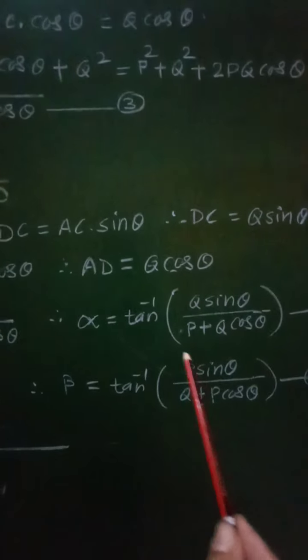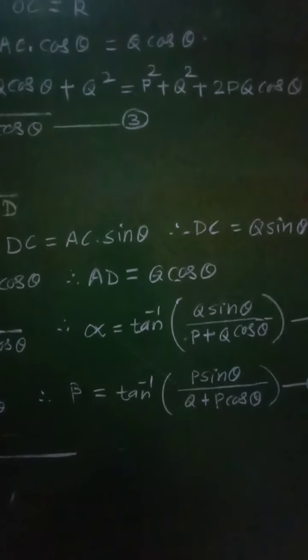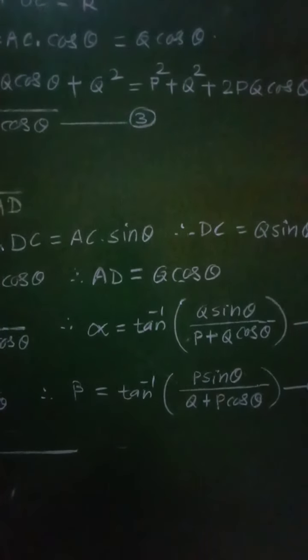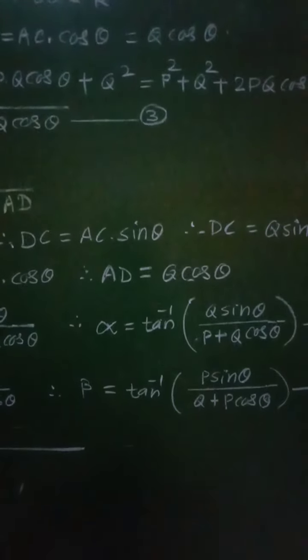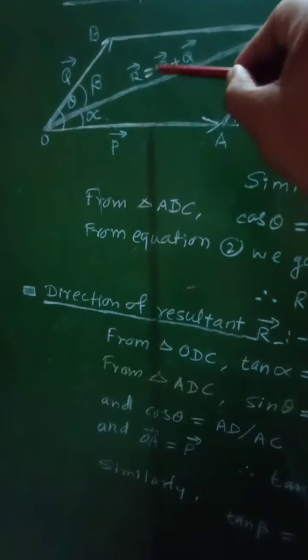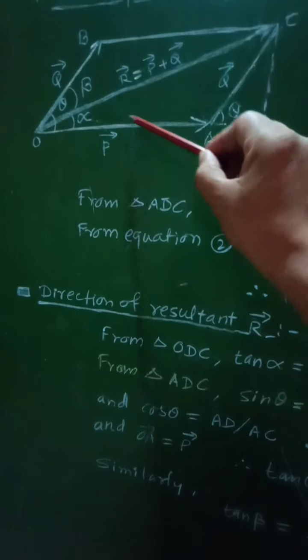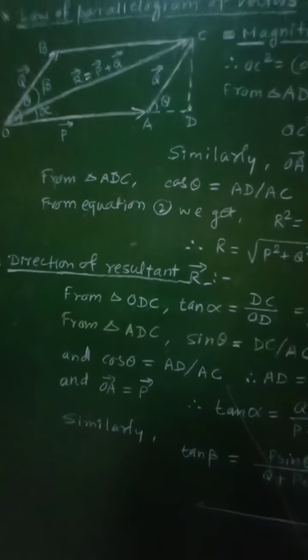This equation gives the direction of the resultant vector R with respect to vector P, that is, alpha is the angle between this resultant R and this vector P. So this will be the direction of this resultant.